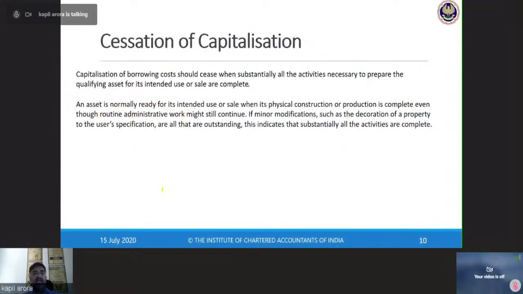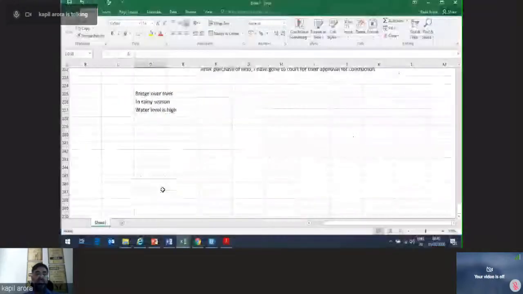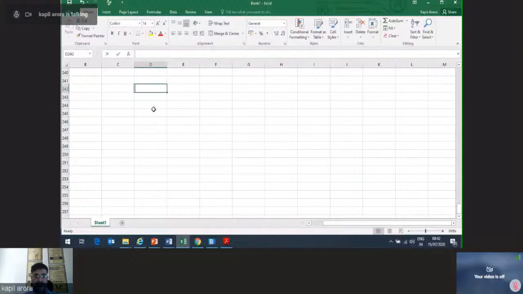Moving on to the last part, which is stop date, or which we call cessation. When we cease to capitalize our borrowing cost. Cessation.